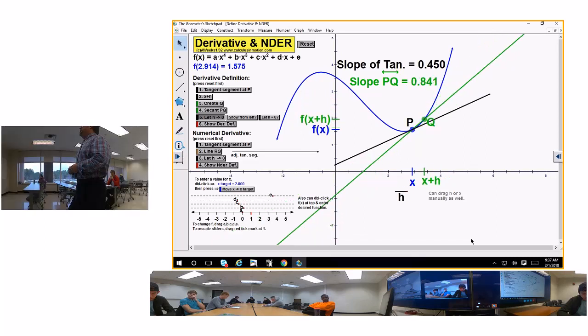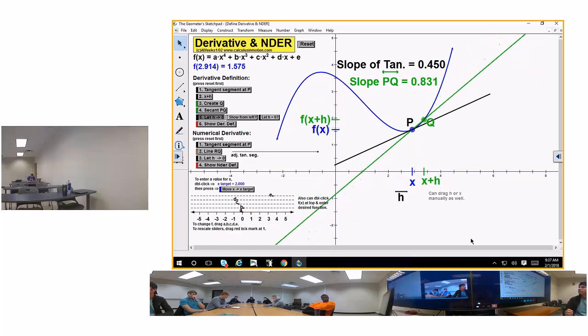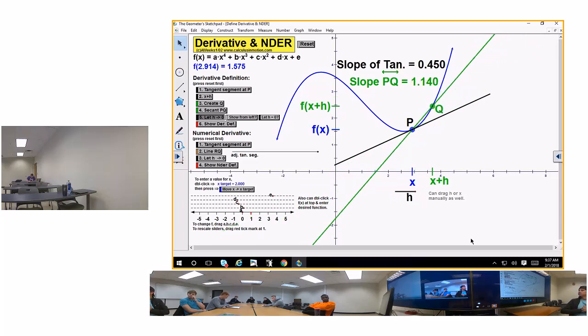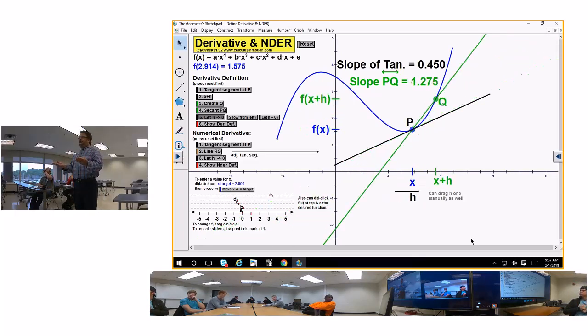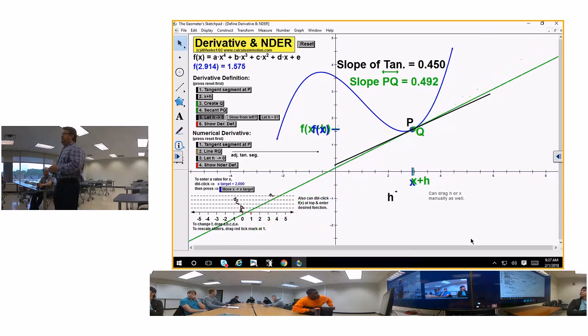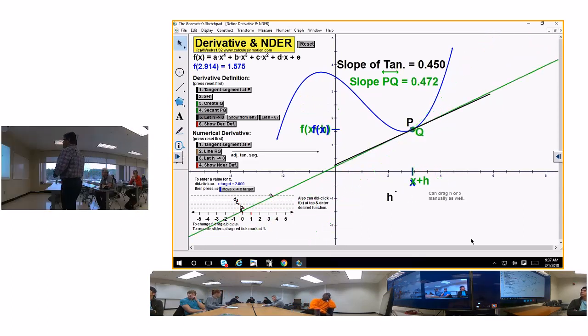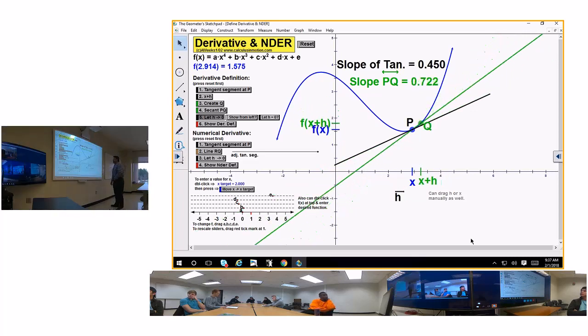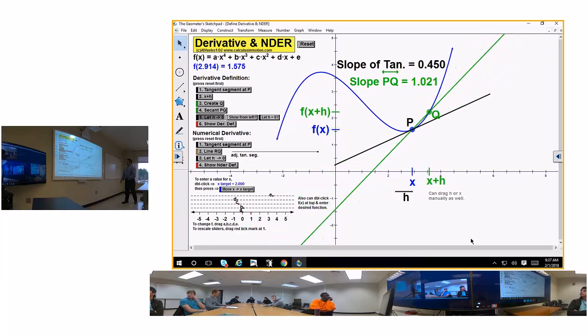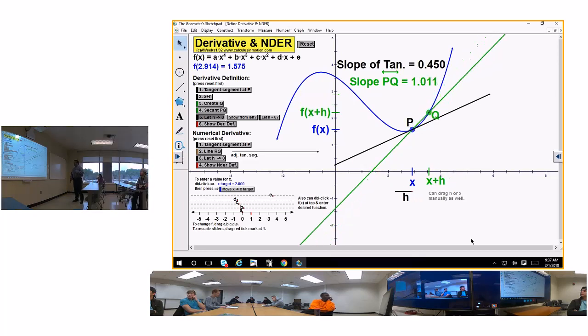I just put this on the screen because this is what I was showing you the other day. This is what happens when you actually put the algebra with the limit theory. You get the green line converging onto the tangent line. Now, a lot of you say, well, what good? We're in business. We're not in graphics. Well, that black line represents rate of change.